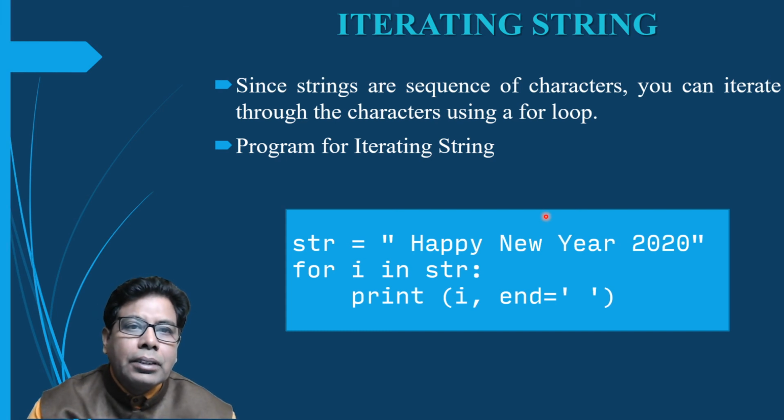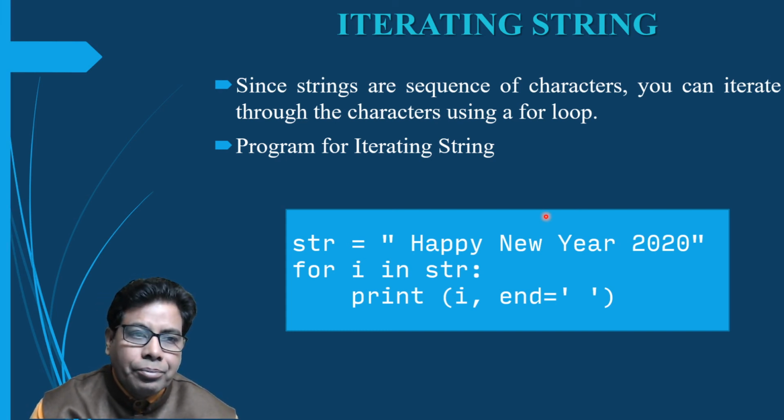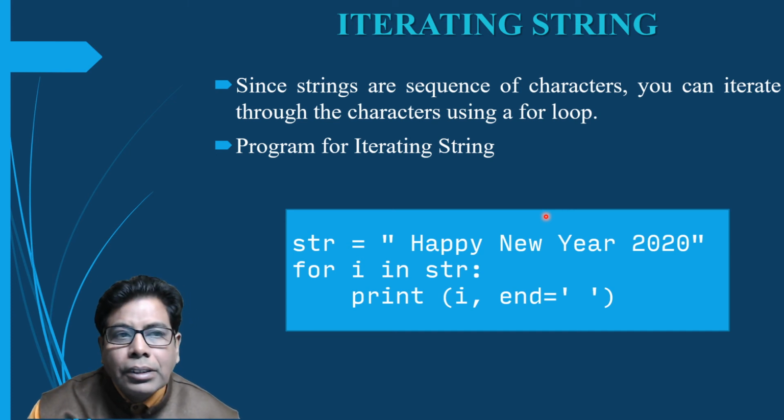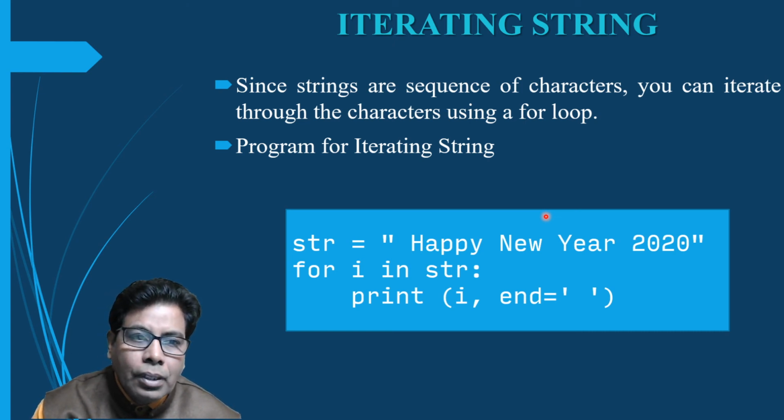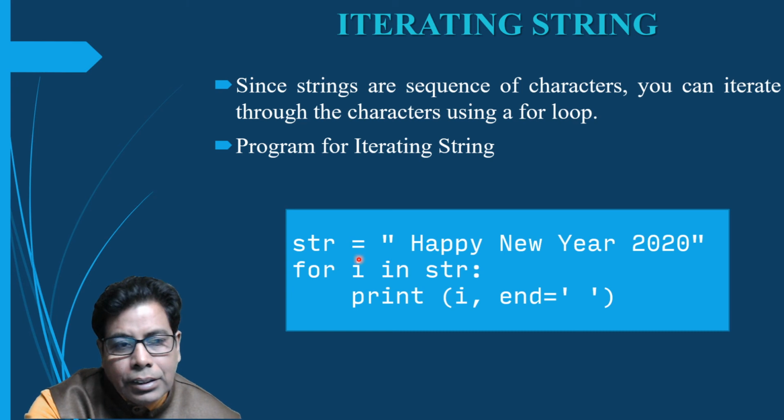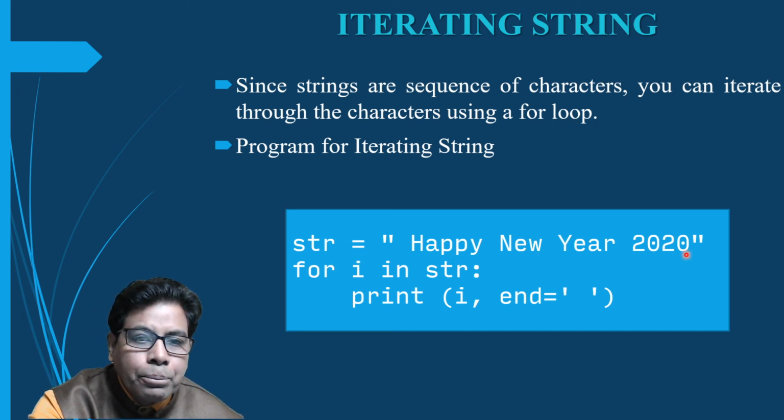Then the last operation is iterating a string. Since strings are sequences of characters, you can iterate through the characters using a for loop. So here again we take the string Happy New Year 2020, and we use the for loop, for i in str, that is string, print i comma end is equal to, and here where there is a single quote, there is a gap.